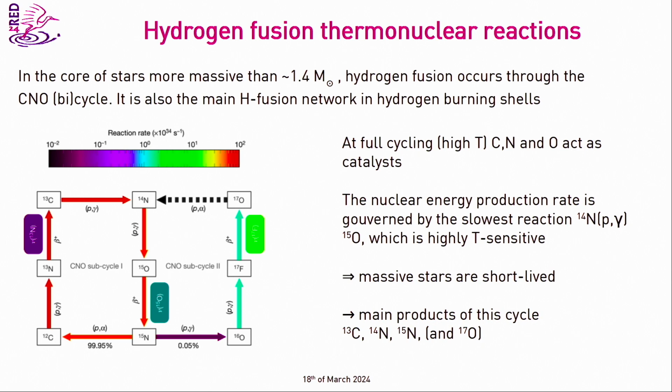In this, there's also a bottleneck, and the bottleneck is this reaction, the nitrogen-14 (p,gamma) reaction, so capture of a proton on nitrogen. It's very sensitive to temperature, and so this cycle will essentially yield carbon-13, nitrogen-14, nitrogen-15, and a bit of oxygen-17. This is what comes out from these nuclear reactions.